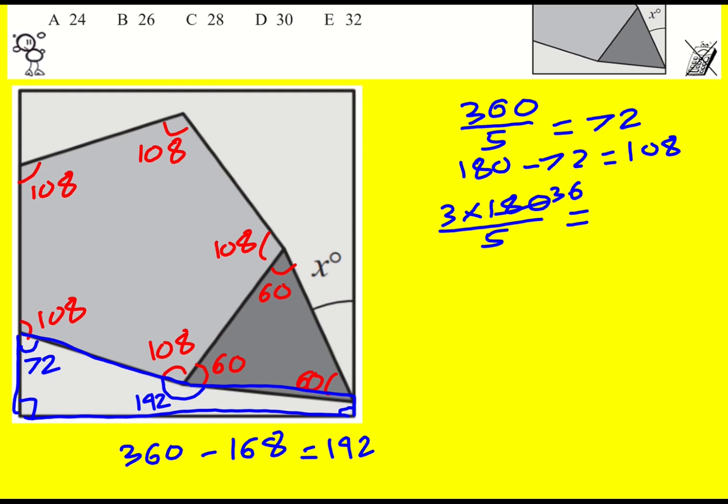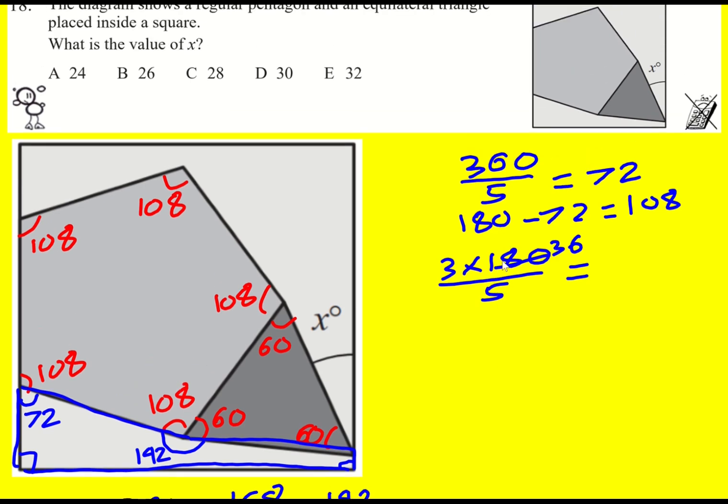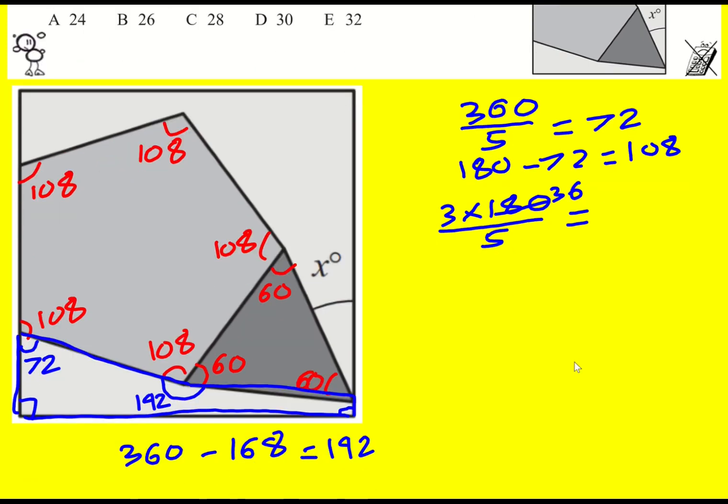I've got another pentagon. So the angles again are going to add up to 540, something I didn't actually work out there. 3 times 180 is 540. So I can take my 72 and add it to 90 and another 90 and then 192. See what I get.